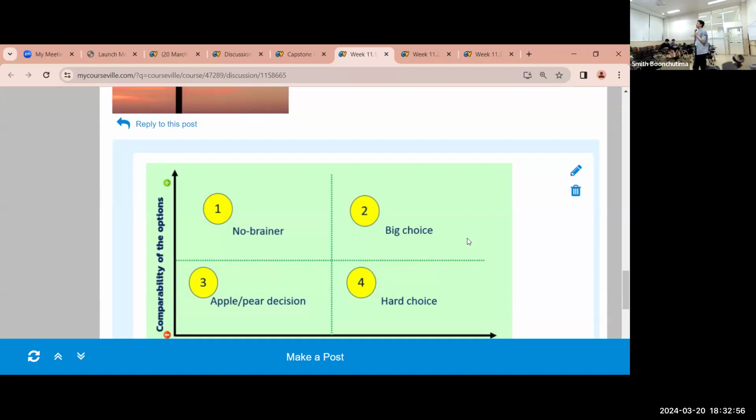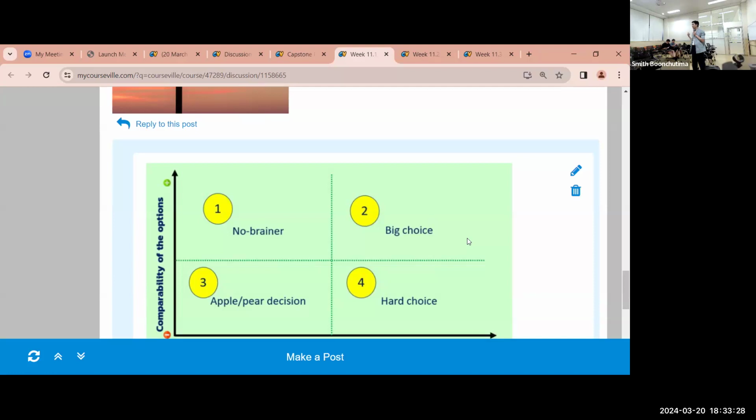Compare that to a decision that you need to make very, very carefully because the consequence is very high, and if you make it wrong, it is very difficult to correct. And the comparability of the choices is not that obvious.